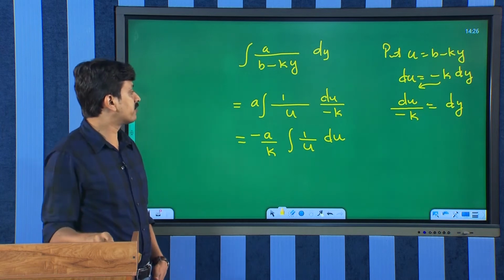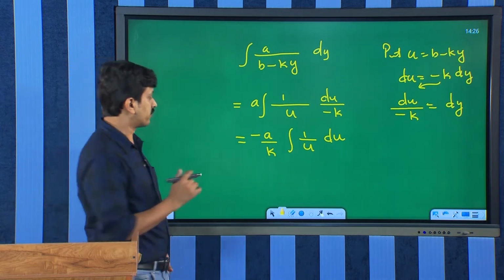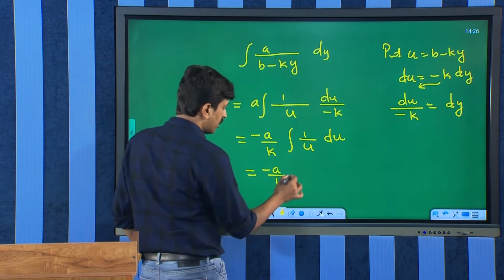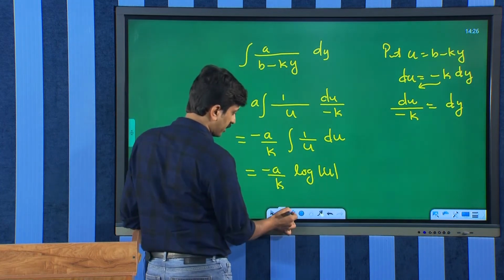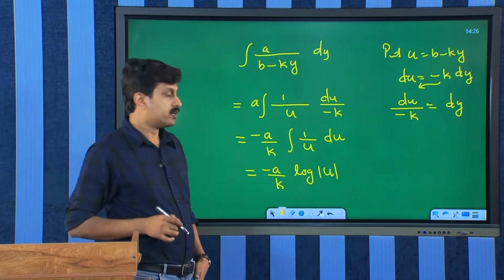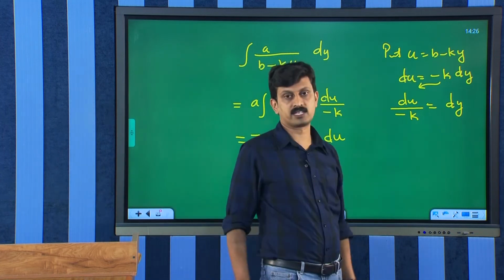We know that the integral of 1 by u du is a log. Therefore, we can write this as minus a by k log mod u. We can replace u as u is equal to b minus ky.